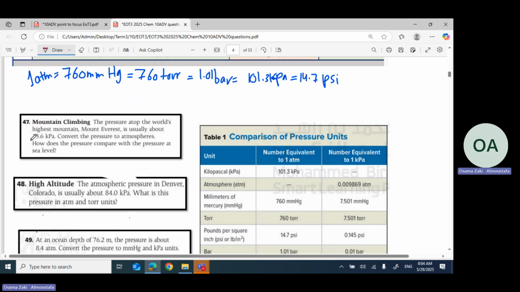We have kPa and we need to convert it to atmosphere. So we have 33.6 kPa. We need to multiply by something to get the answer in atmosphere. So what's the value of kPa here?